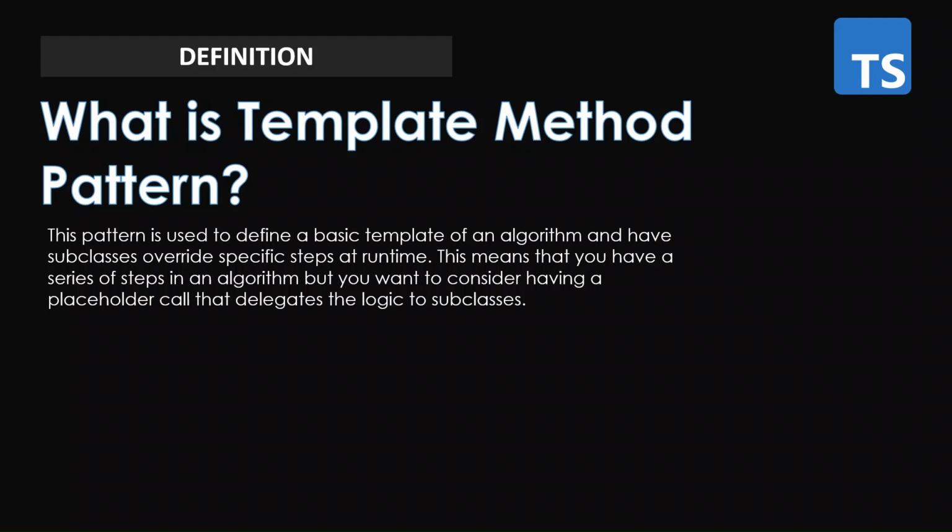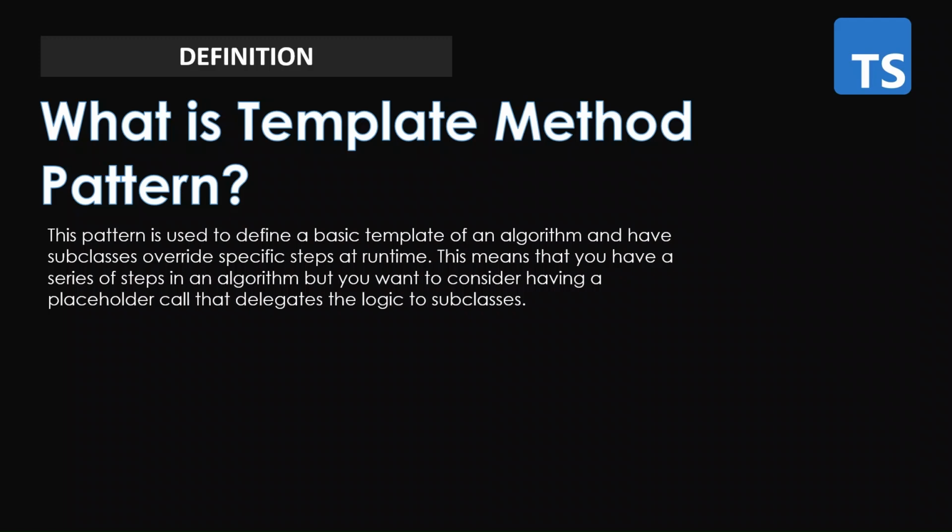This pattern is used to define a basic template of an algorithm and have subclasses override specific steps at runtime. Let's say you have a particular algorithm for a particular feature inside your product. You will first define a basic template, so that this is the basic behavior of that feature.